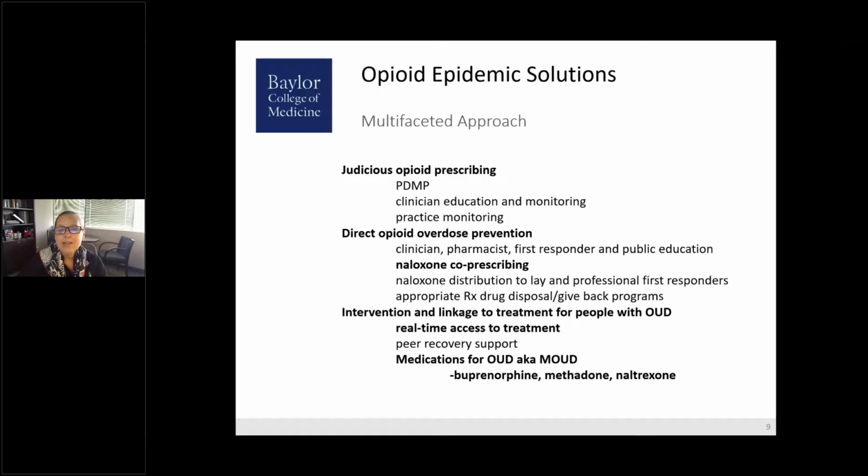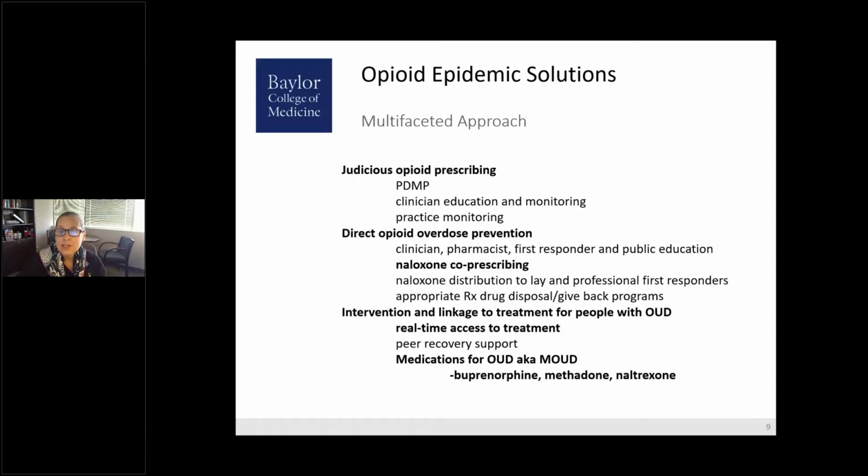We can't intervene and help patients with their opiate use or opiate use disorders if they've passed away from an overdose. And so direct opioid overdose prevention is really key as well. So it's important for us to be aware and know about opioid overdose education and naloxone distribution, to co-prescribe naloxone with anyone that we're prescribing an opioid script to.